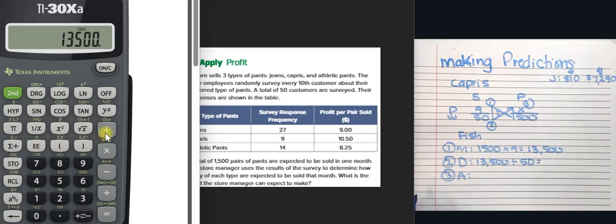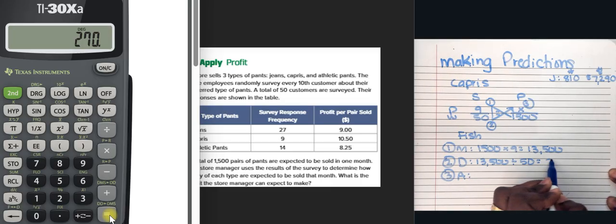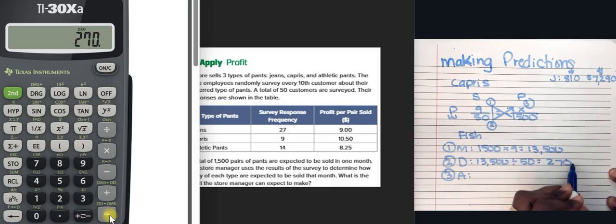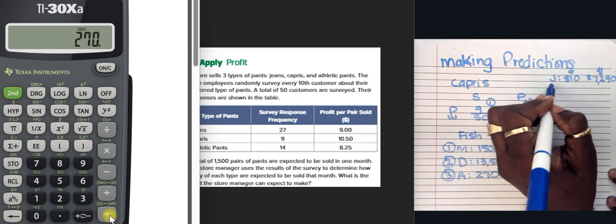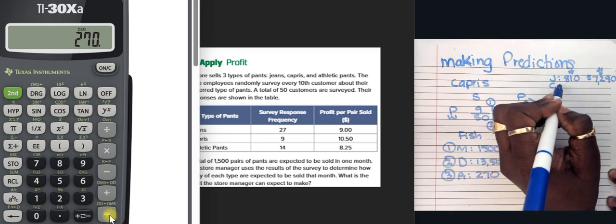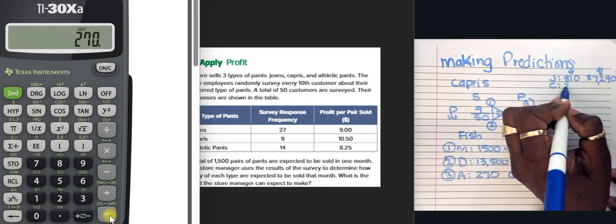So 13,500 divided by 50 gives me 270. So I'm going to take that 270, put it here. So my answer is going to be 270 pairs of capris. So this is capris. I'm going to put a C there, and we have 270.